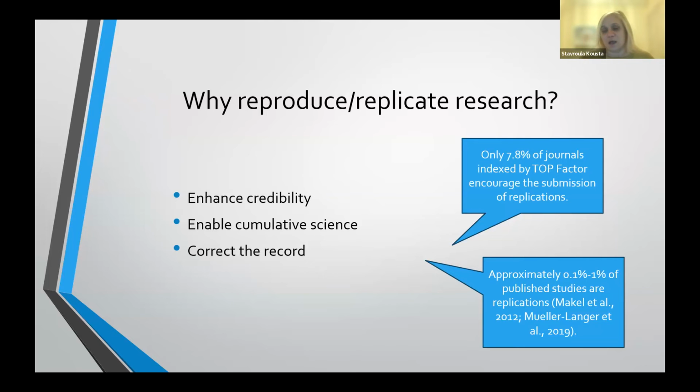We also know there are several papers from several fields that show replication studies are a very, very small proportion of the total number of papers published. So even if authors, scientists carry them out, it may be very hard to publish those. And this is something that we need to change.